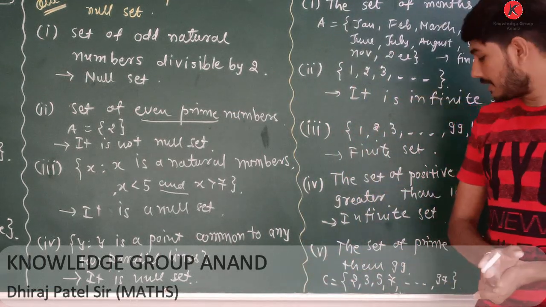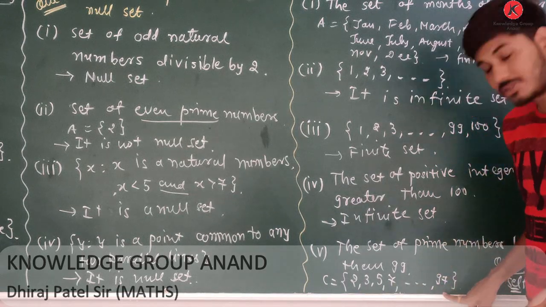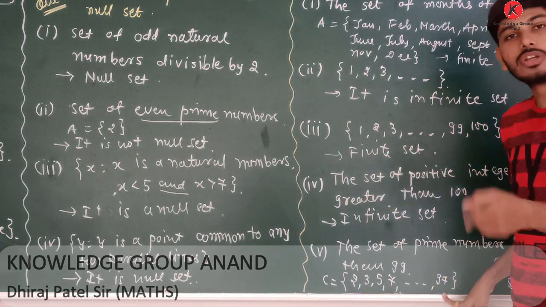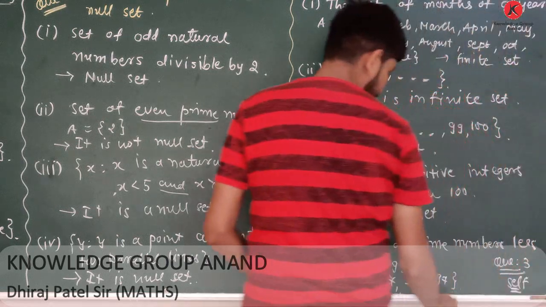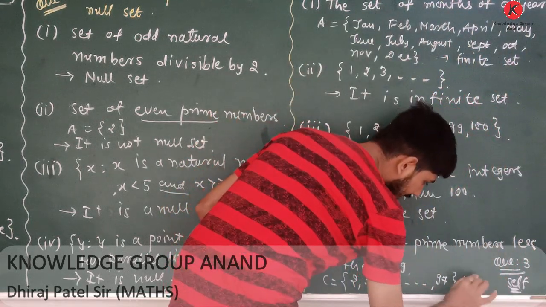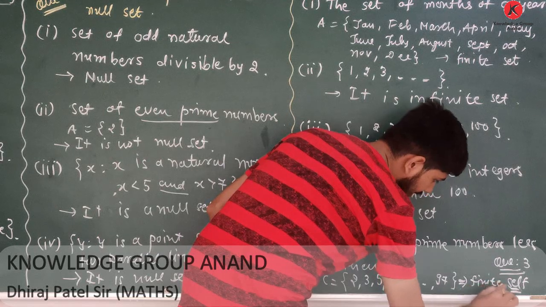Therefore we can say that all these numbers are countable, therefore it is a finite set.